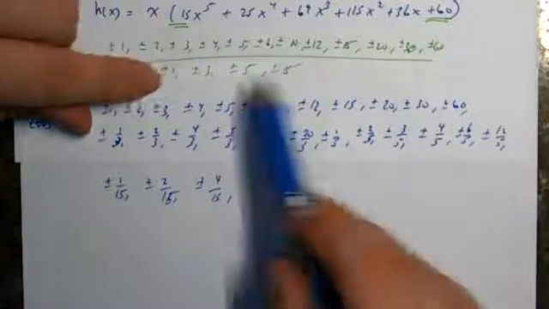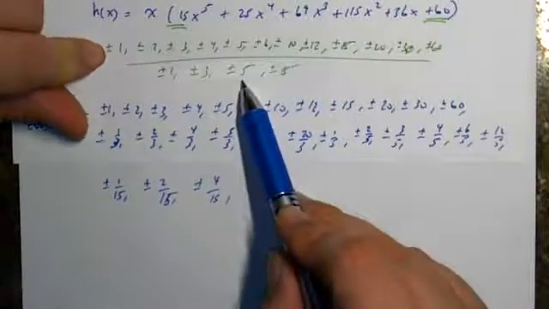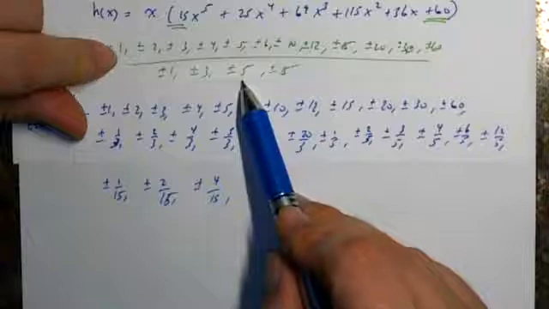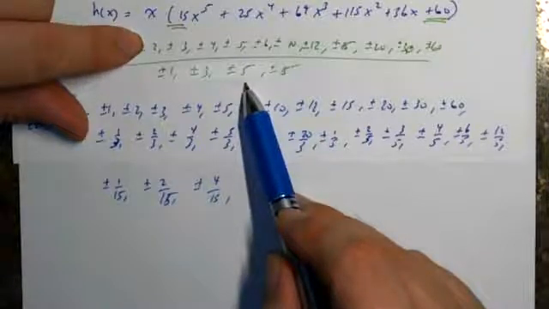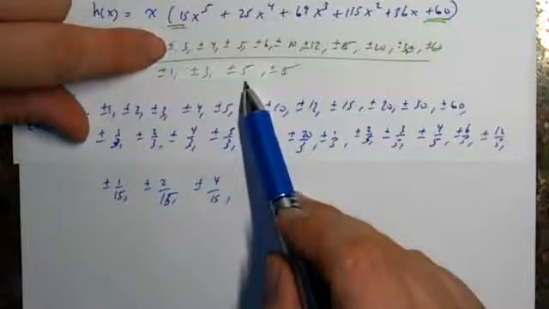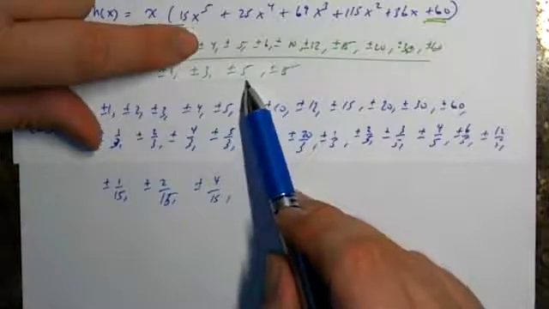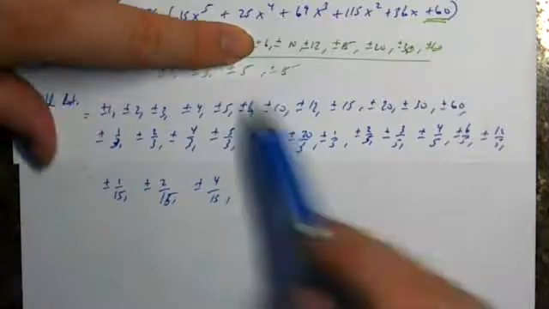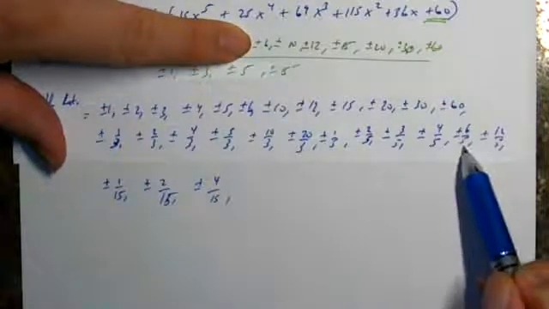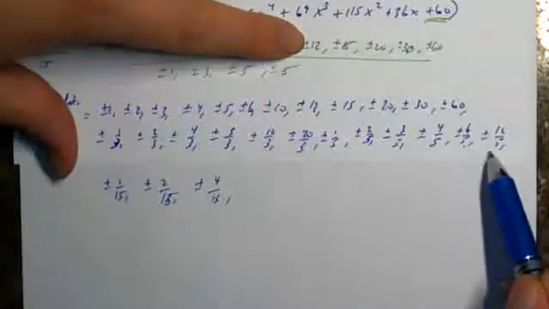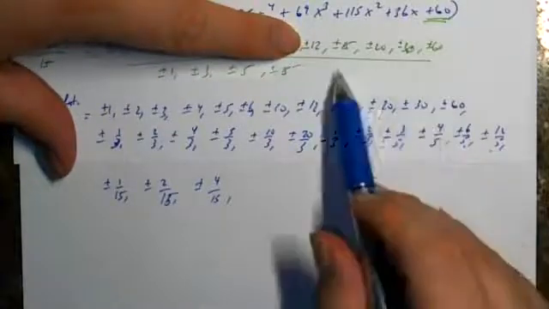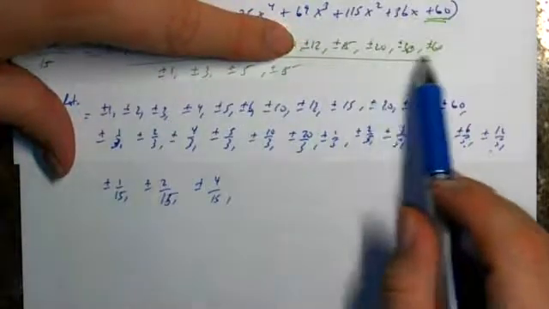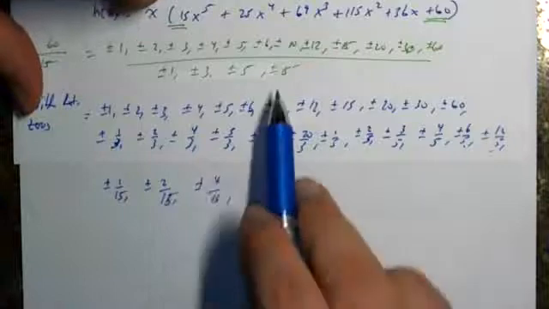Those are okay. Next fraction, plus or minus 1/5, plus or minus 2/5, plus or minus 3/5, plus or minus 4/5. Don't need that. Plus or minus 6/5, plus or minus 12/5. And then 5 goes in all of those evenly. We've got those already.